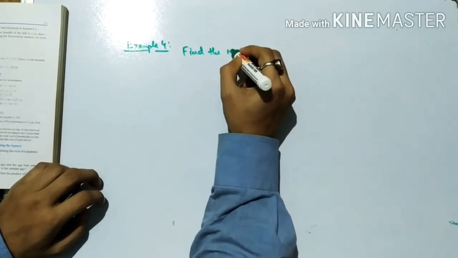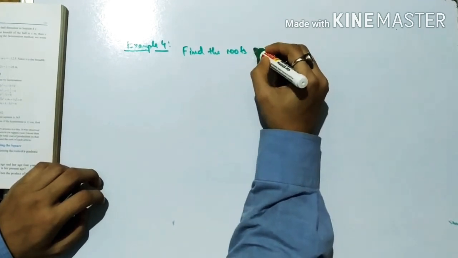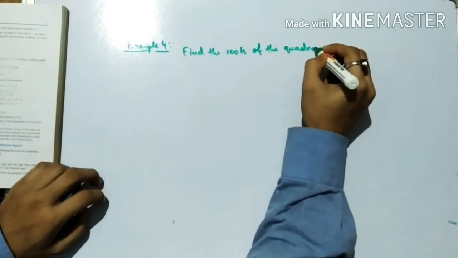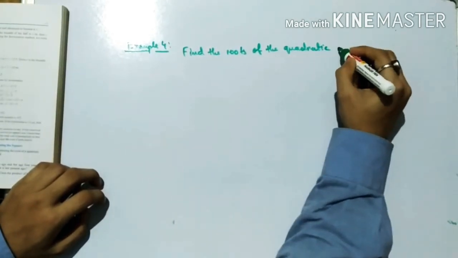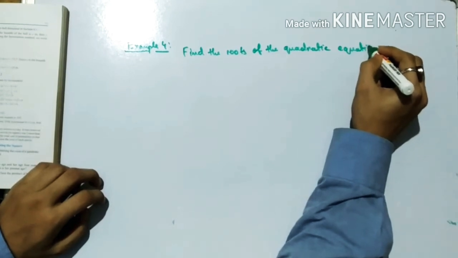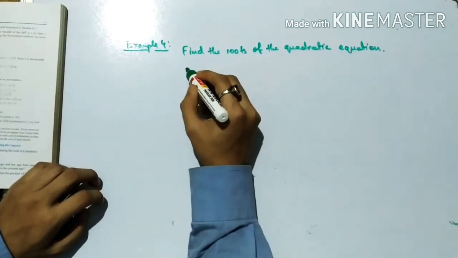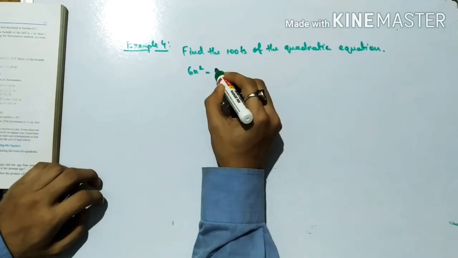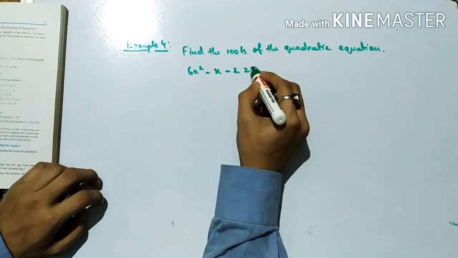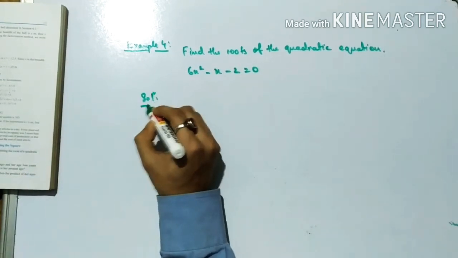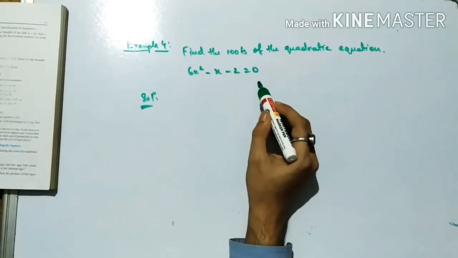Find the roots of the quadratic equation 6x square minus x minus 2 is equals to 0.